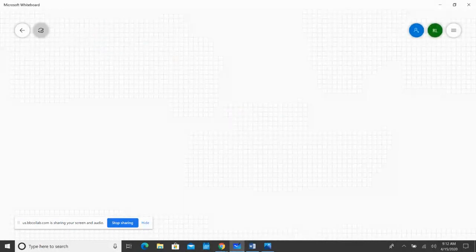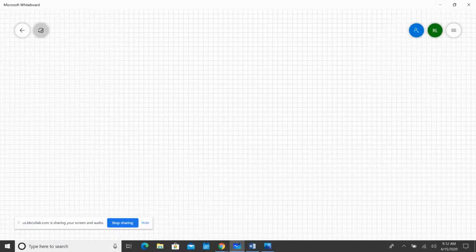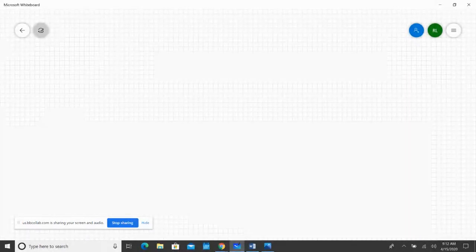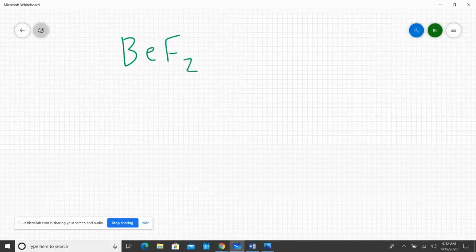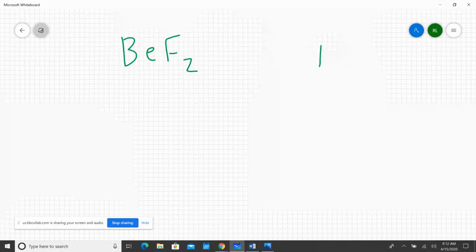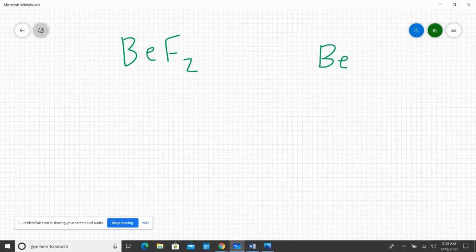All right, now the other example I'm going to show you really quick is with beryllium. Let's say you draw beryllium fluoride, or difluoride, probably the correct name. So it's BeF2. Beryllium is in group 2, so 2 valence electrons, and you have 1 atom of beryllium.